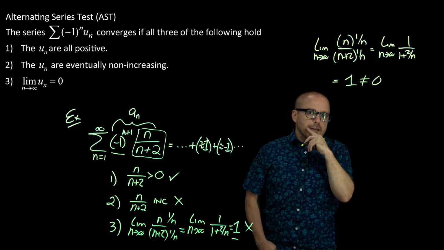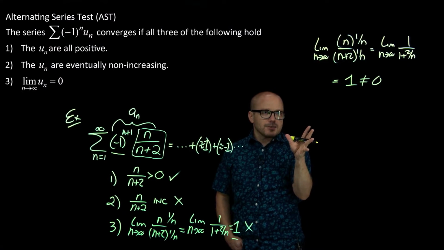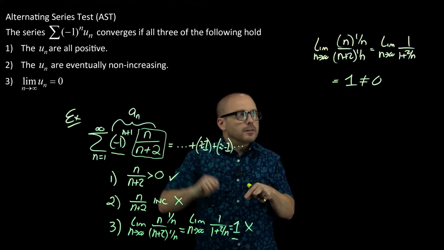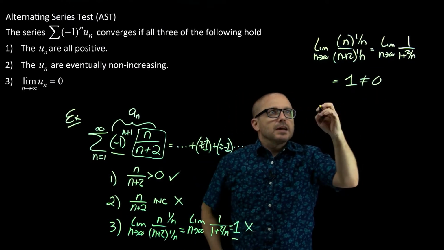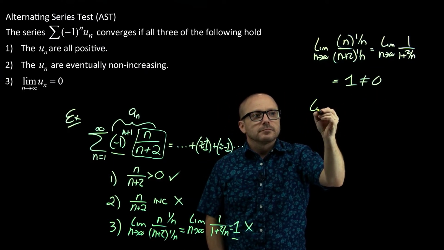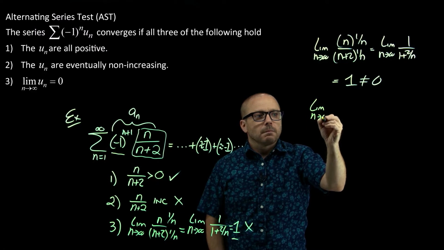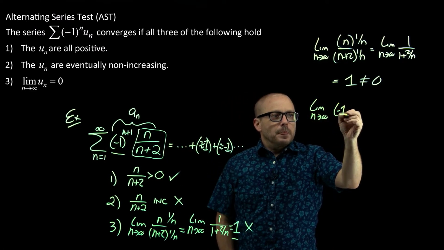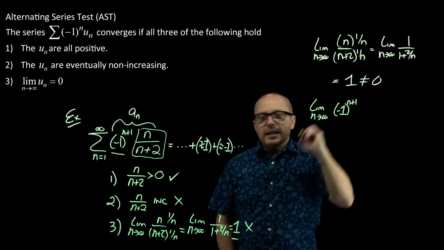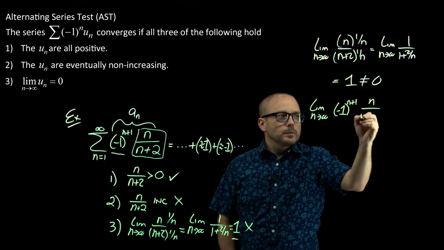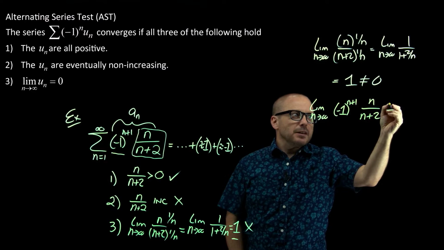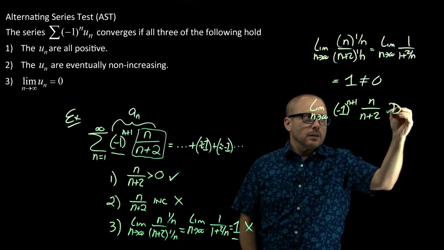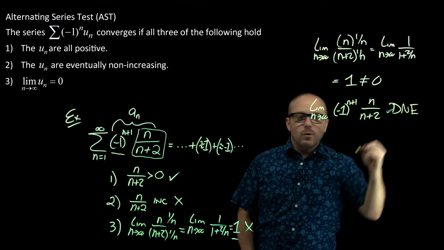And an important thing to know is we have not done nth term test yet, right? These are not the terms of the series. They're just the U part. But if this limit's not 0, as I just argued, putting that in there, that limit won't exist, right?